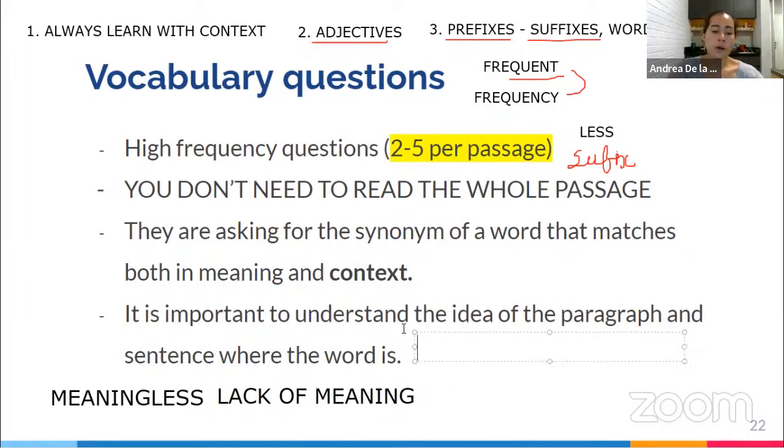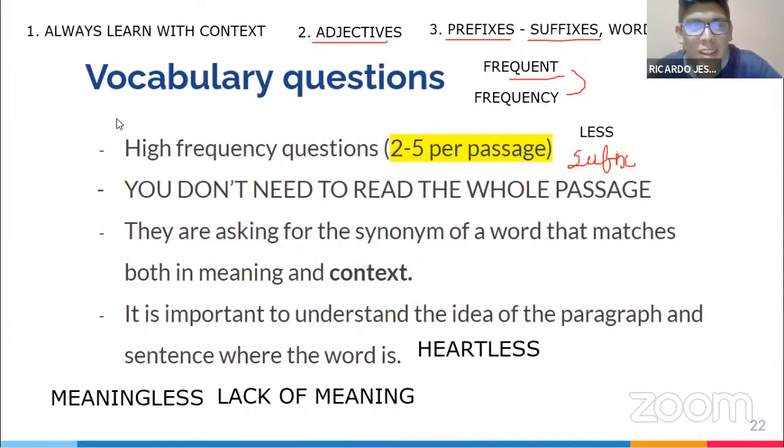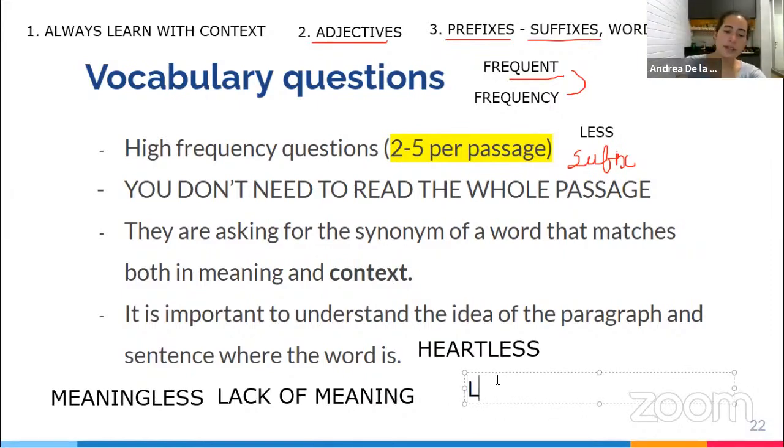Now, what about the word heartless? What does it mean? It's cold hearted. Exactly. So basically, the lack of a heart.